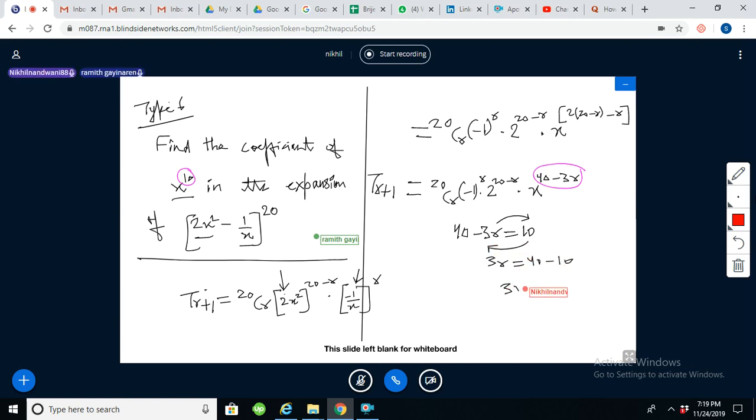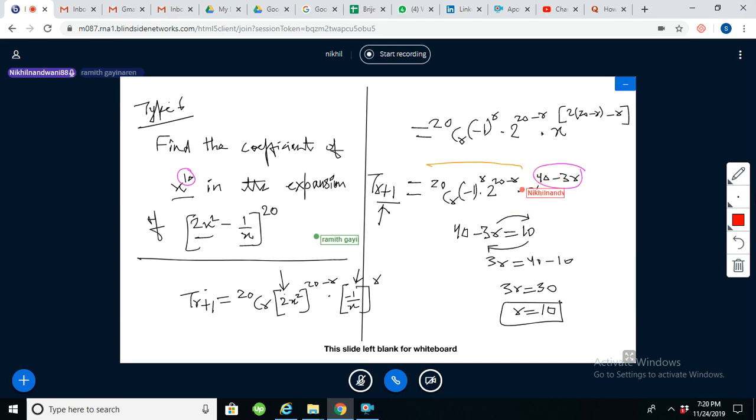So 3r equals 30. r equals 10. So if I put the value of r as 10, I will get x to the power 10. Correct? So if I put r as 10, this will become the 11th term. But the question is not asking which term. The question is asking just tell me the coefficient.